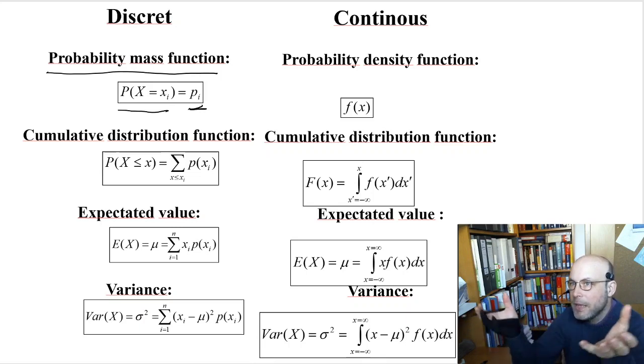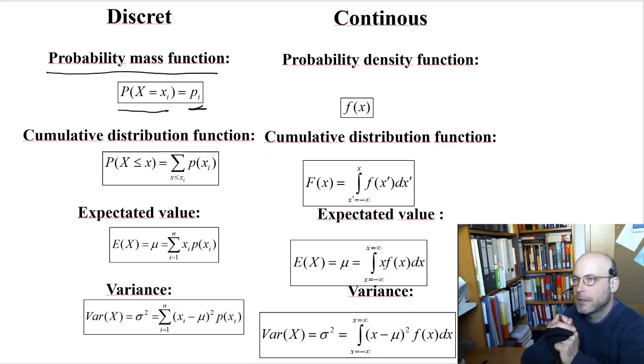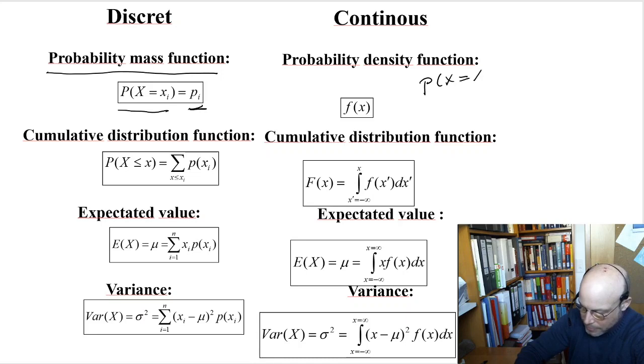But what would it be if you have a continuous random variable? Let's say this bus stopping within 30 minutes.